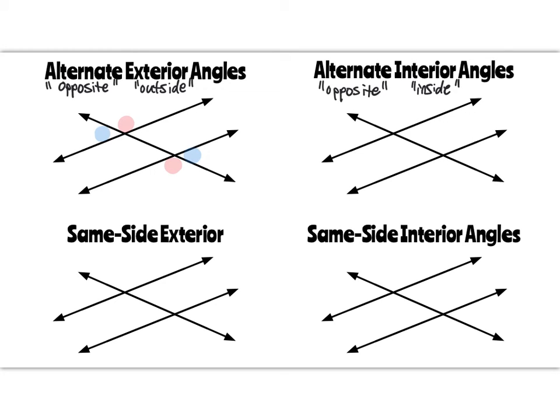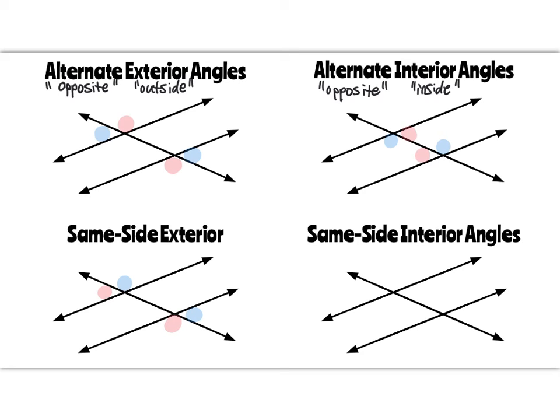I bet you could figure out what alternate interior angles are. They're the same relationship except for inside the parallel lines. So they're going to be kind of inside that tunnel. And they also are on opposite sides of the transversal. Now what if we wanted same side exterior? Well, exterior means outside, but now they're going to be on the same side of the transversal as each other.